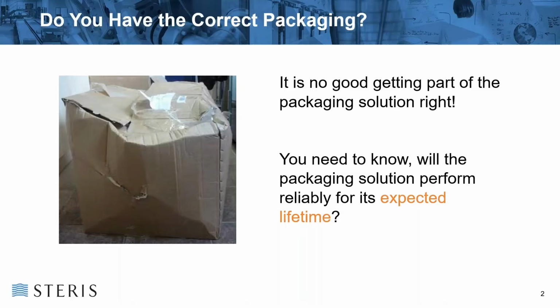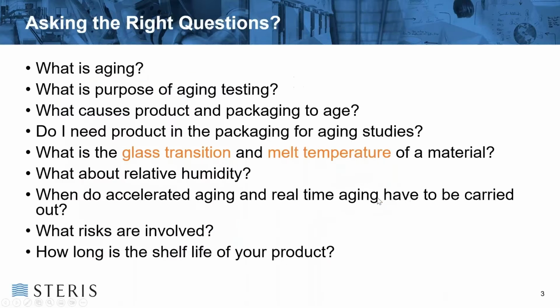This box traveled approximately 80 kilometers, and you can see the state of it after that duration. So if you imagine that sitting in an aging chamber in high humidity for 2, 3, 4, 5 years, or the equivalent, it wouldn't perform reliably for its expected lifetime. So you wouldn't have the right packaging there.